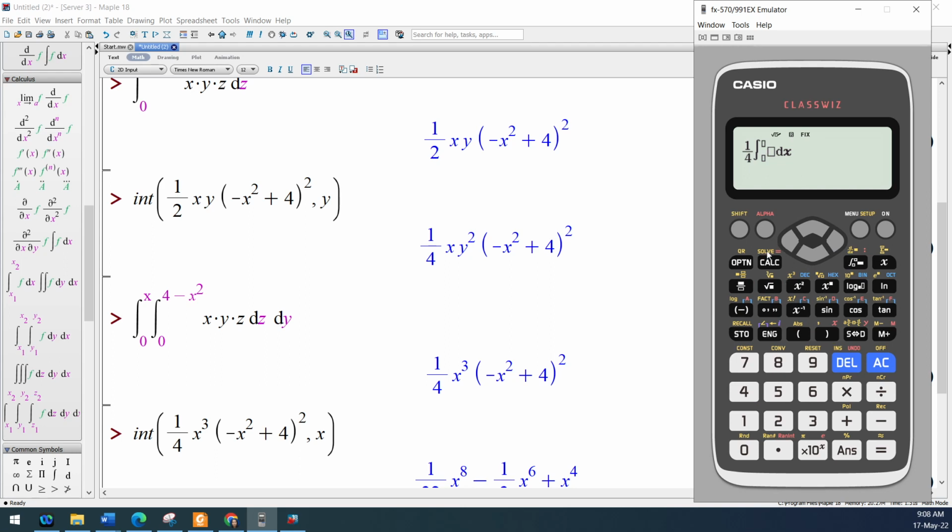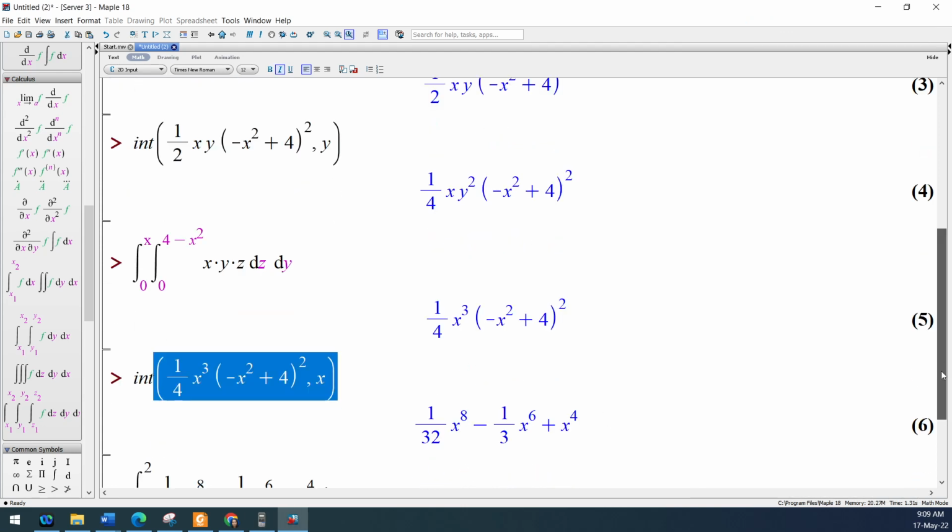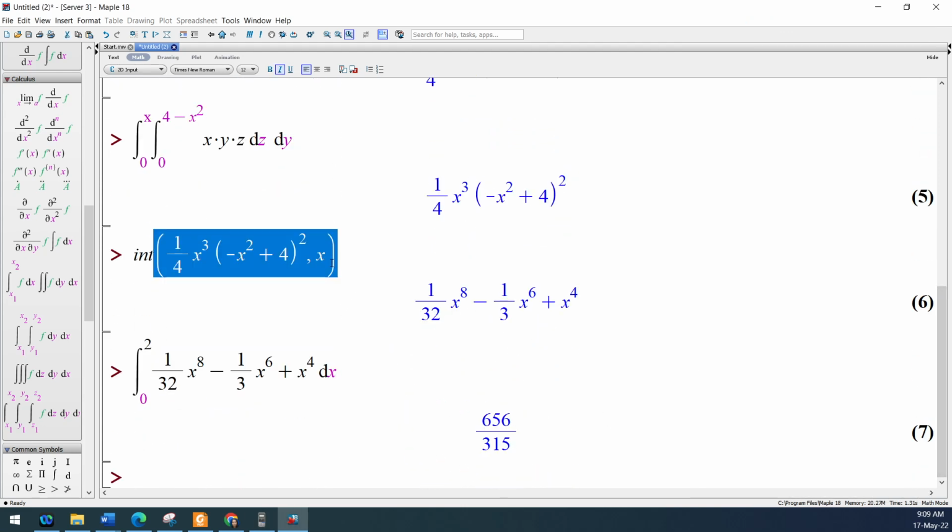So x, red color, press alpha, x cube, yellow press shift, x cube, and then bracket 4 minus alpha x squared. Okay, outside squared again, limit 0 to 2. We should get this one, 8/3. Okay, these two, why couldn't get? I have to check later on.